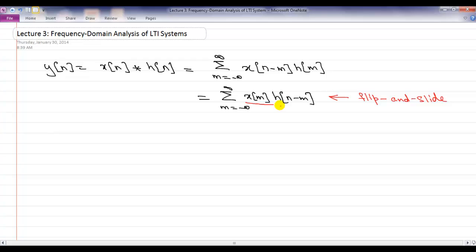Then you flip the other function, because this minus m is the flipping operation, and then you slide it to the right or the left, depending upon what value of n is. So if you want to evaluate y of 3, you slide it for n equal to 3, you multiply the two functions, and then instead of doing the integration as in continuous time, in discrete time you do the summation.